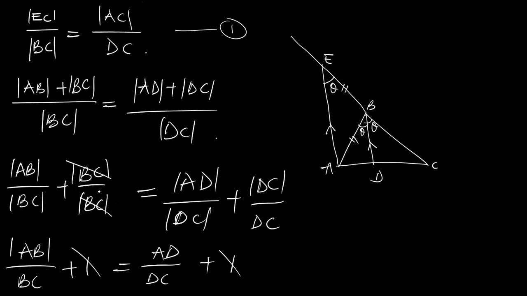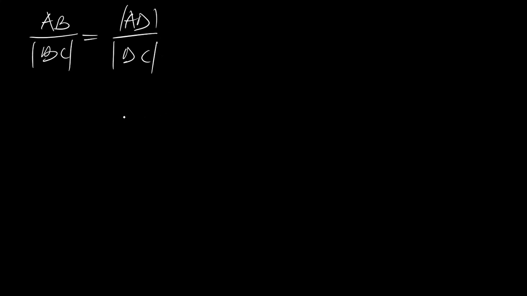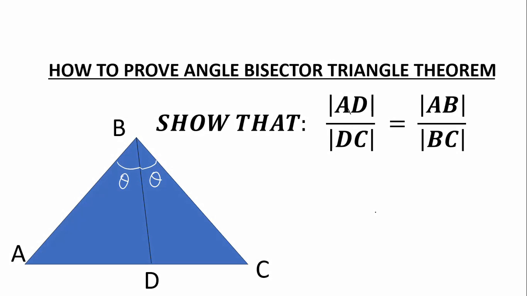What we have left is AB all over BC equal to AD all over DC, and that is what they want us to prove.